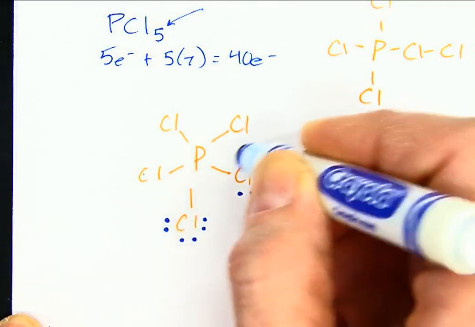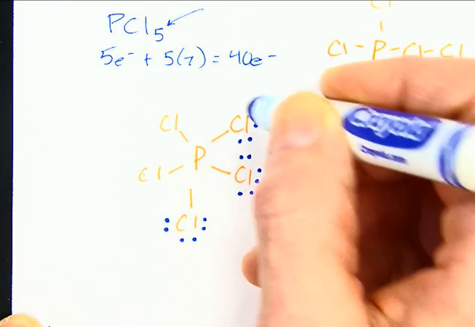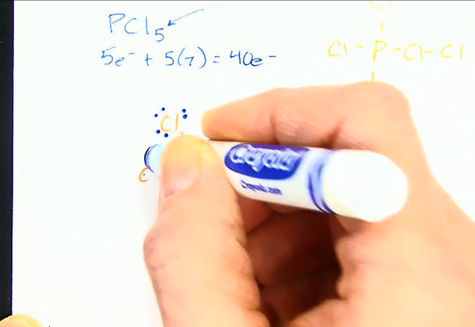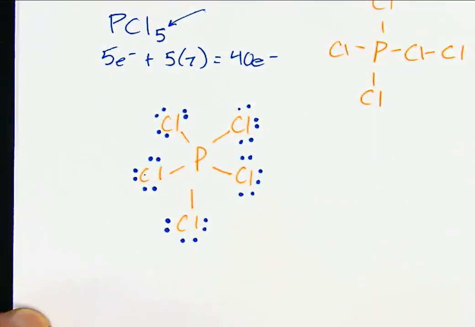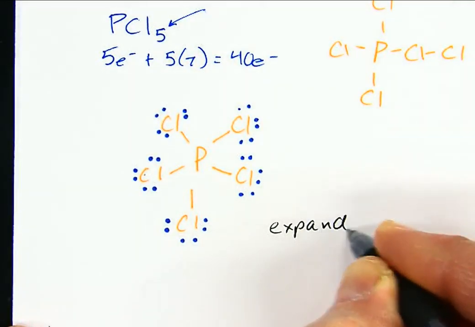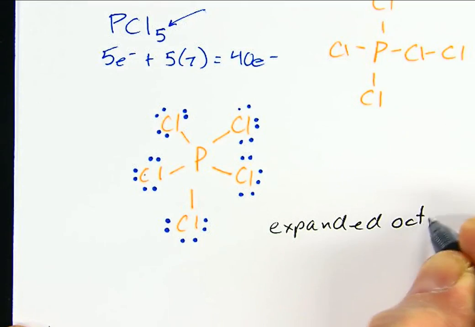Now, I know I tell you to go furthest away. This is nice to have a marker rather than a skinny old pencil, but that's what PCl5 would look like. Seems kind of odd, but that's what we do. So this is called an expanded octet. What that means is it's beyond 8, obviously.